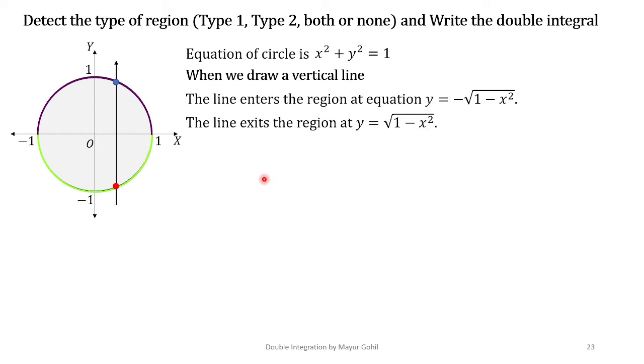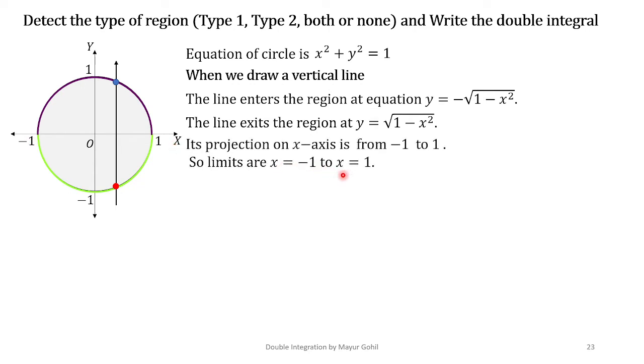Now what about the projection? Both the semicircles have projection on the x-axis, from -1 to 1. So the limits of x are going to be from -1 to 1.